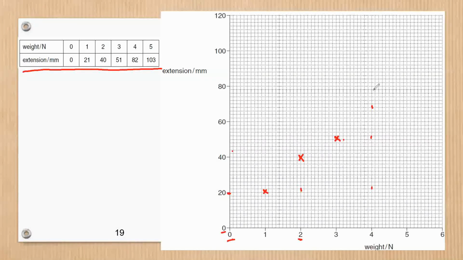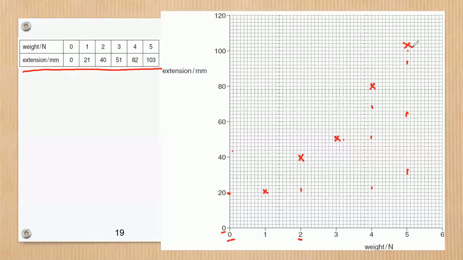Here's 4, and that's the 80. At 5, it's 103. So here's 100 and 103. So these are the points that we have according to the given data.